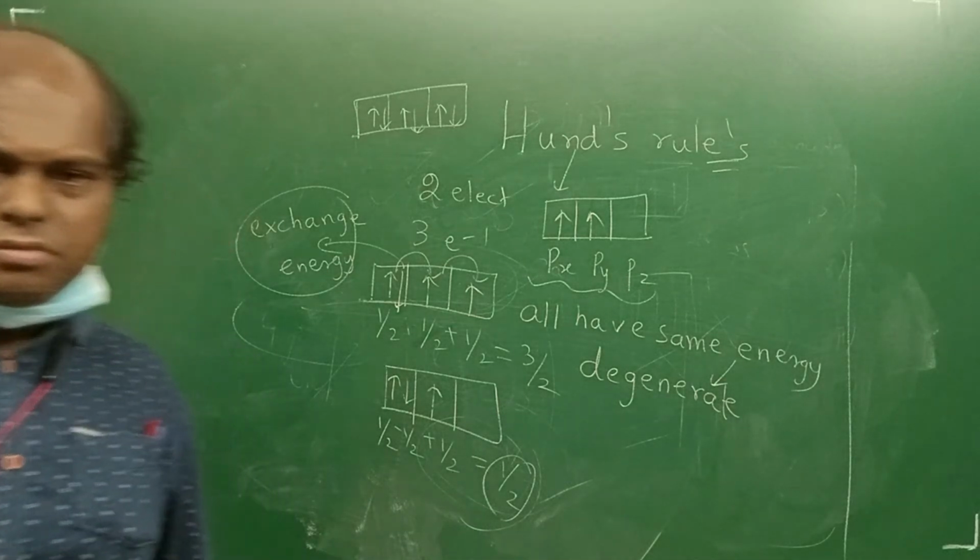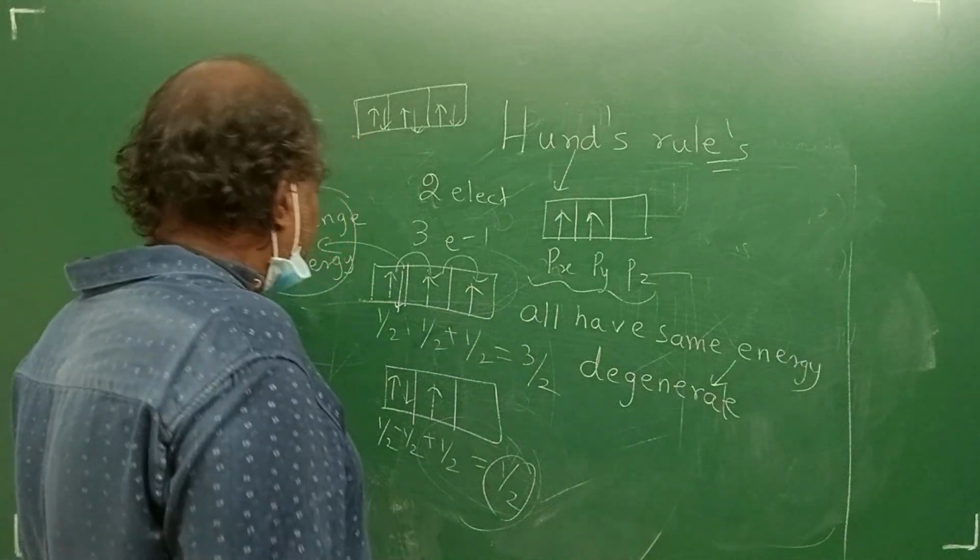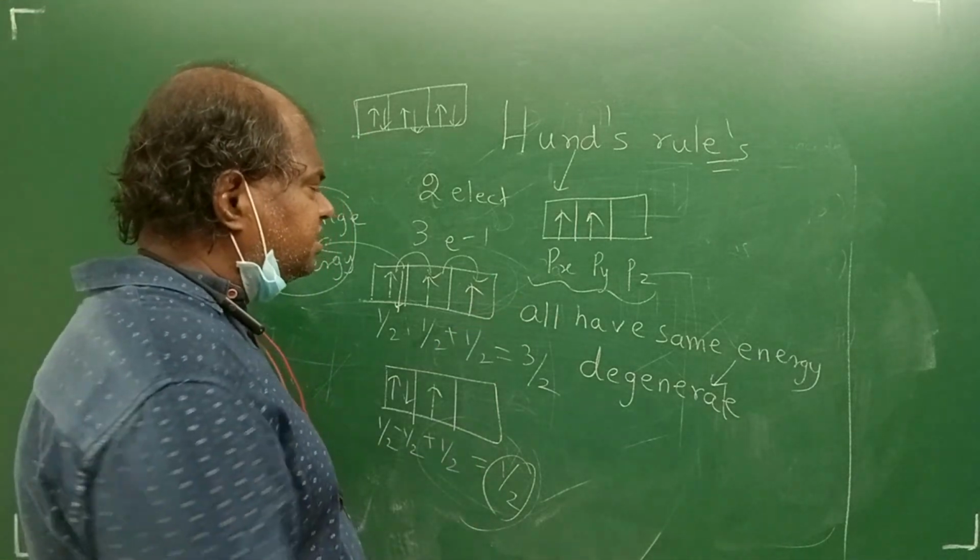I'll give you some time, just think about this. So this is how you'll fill electrons in degenerate orbitals.